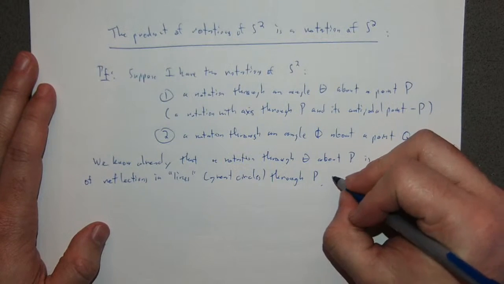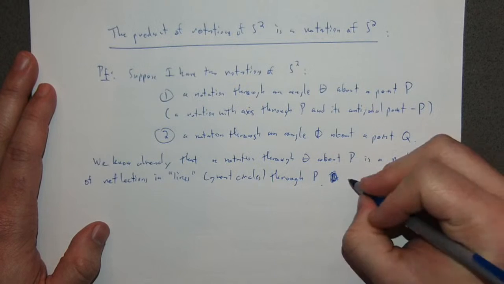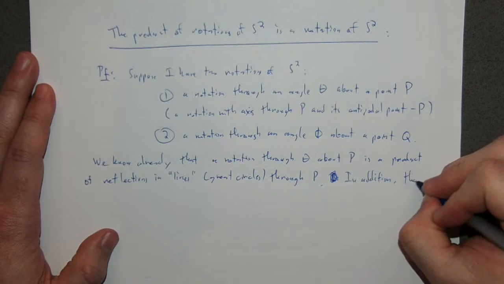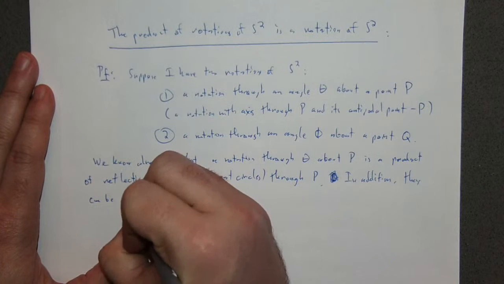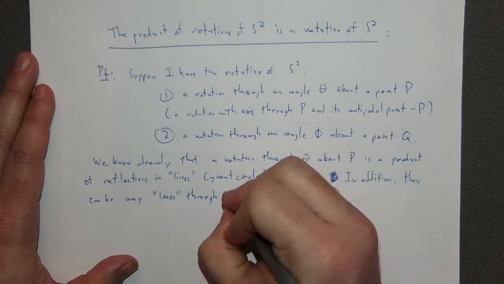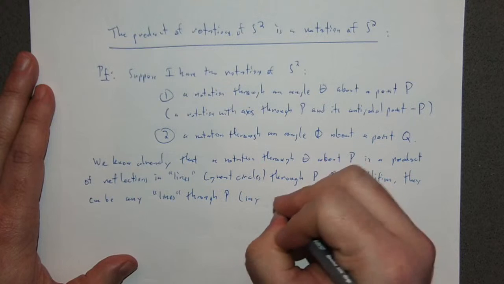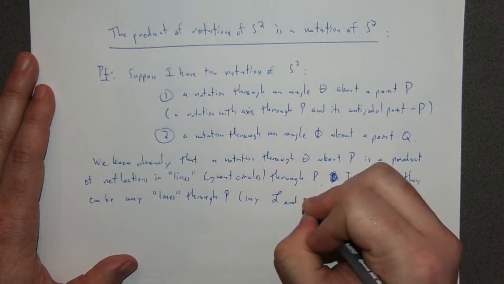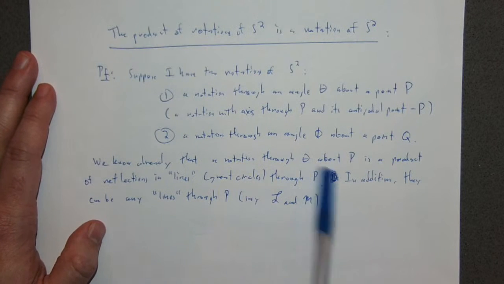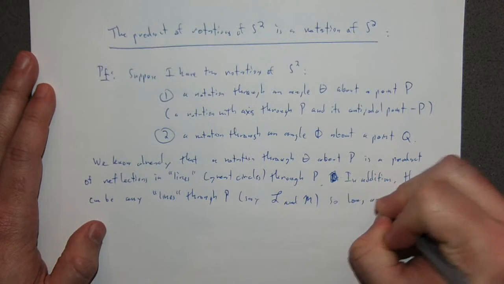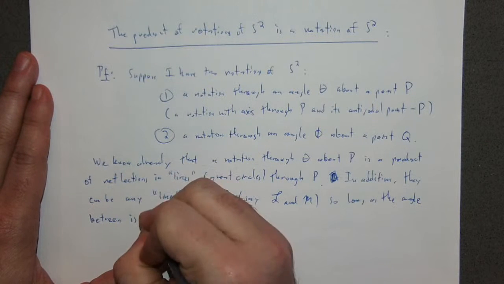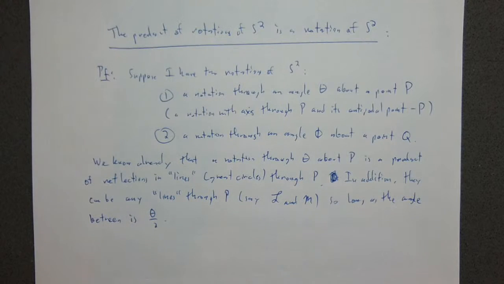So in addition, they can be any lines through P, say lines L and M, so long as the angle between them is theta over 2.